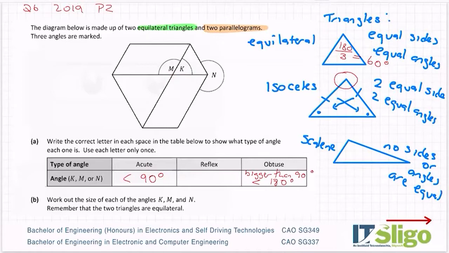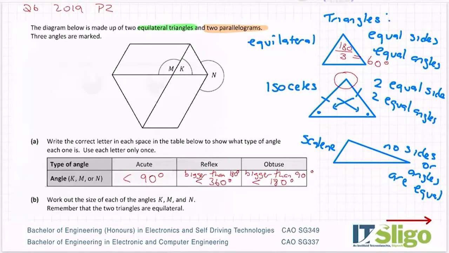If we go up in size in our angles, we have an acute angle, we then have a right angle, which is equal to 90 degrees, then an obtuse angle, and then a straight angle that's equal to 180 degrees. And finally we have a reflex angle, which is bigger than 180 but less than 360 degrees.